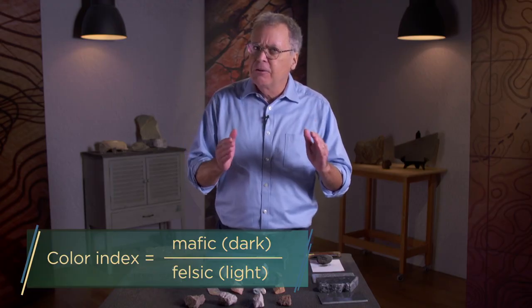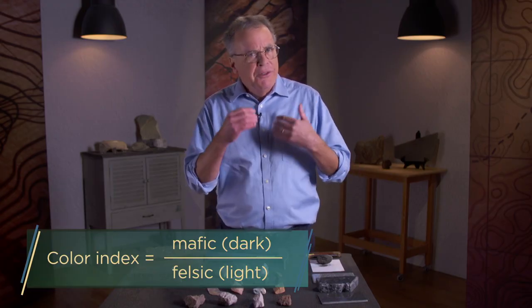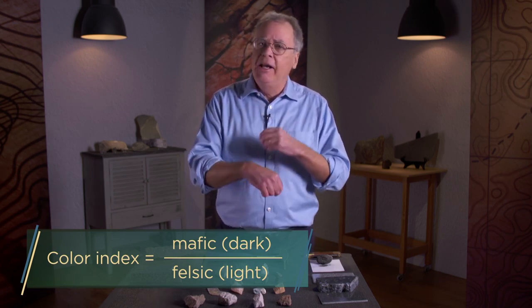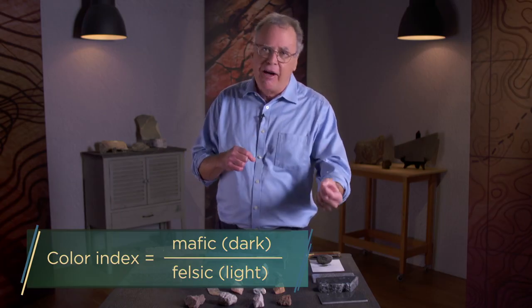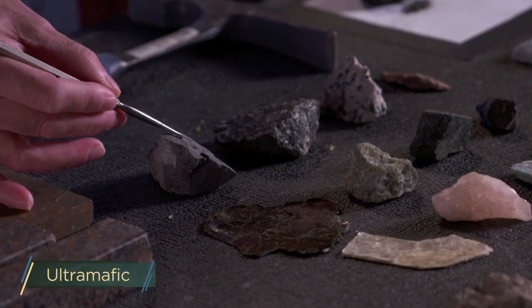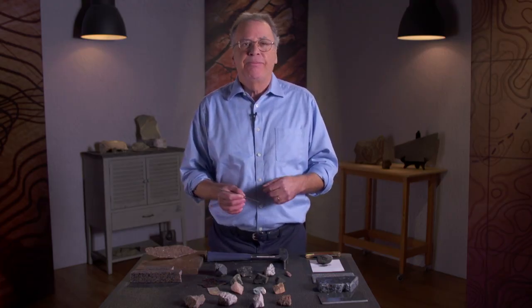The light-colored granitic rocks range from 0 to 25%, while the dark-colored mafic rocks made under the ocean are anything from 45 to 85%. Ultramafic rocks, such as this peridotite, are 85 to 100%. Ultramafics are relatively rare on the Earth's surface.